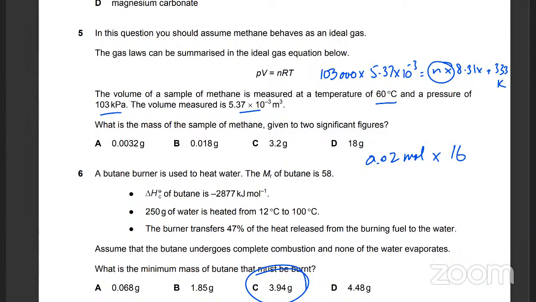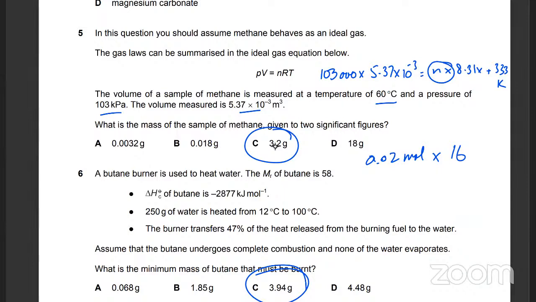That's still not an answer we have. Sir, are you getting exactly 3.2? No, it's 0.32. 0.32 is not an option.